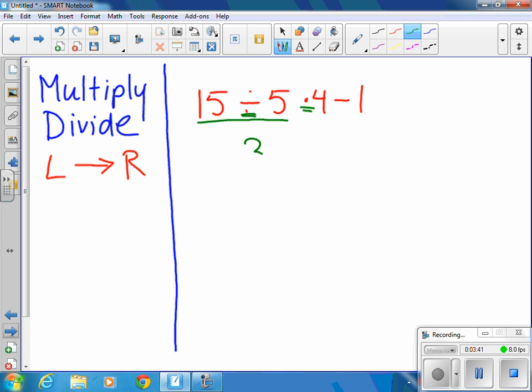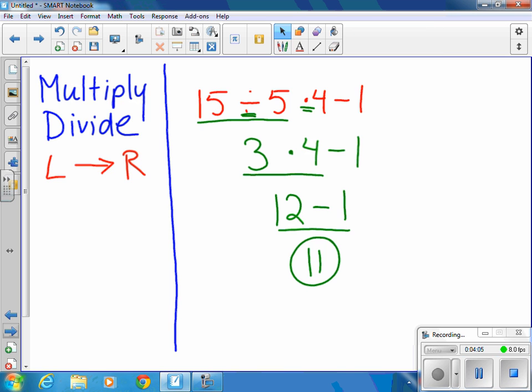So now I get 3 times 4 minus 1. And again, still going from left to right, but at this time I only have the multiplication right here. I'm not doing the subtraction yet because that's going to be my last thing in a moment. So 3 times 4 would be 12. And if I were going to continue this, I would just then do the 12 minus 1, which then I get 11, and circle my final answer.